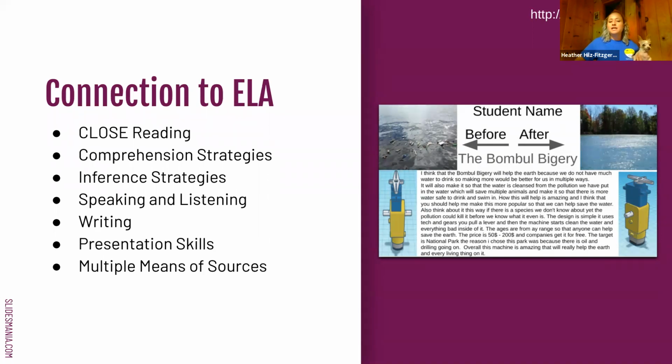Using close reading, making sure that you're hitting those comprehension strategies. Obviously, using inference strategies. When we looked at our defining stage, we saw that students were able to research a little bit more. We have speaking and listening. We have writing. We have presentation skills, and just multiple means of sources to connect to literature.